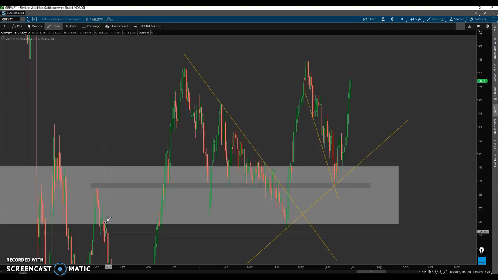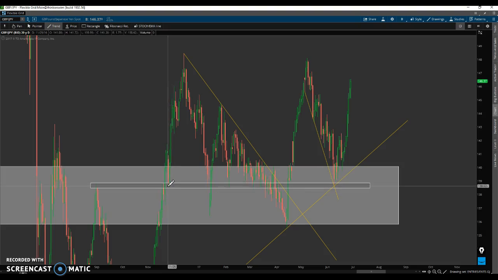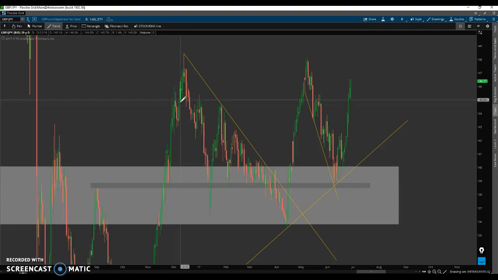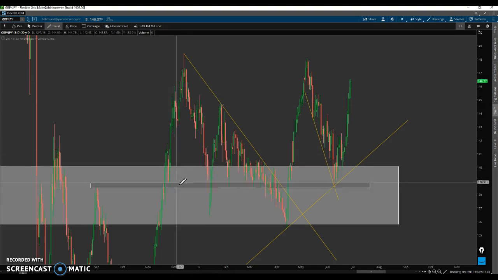You can see strong selling from here. Once it was broken, it came back down and retested that zone, and buyers used it as an impulsive move starting point. Back and forth, you can see it's been used as support and resistance.